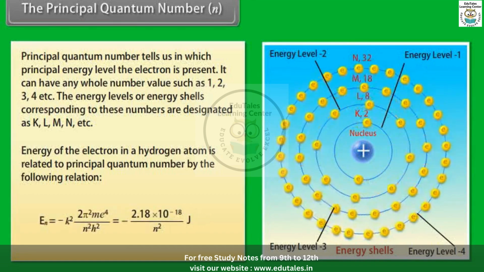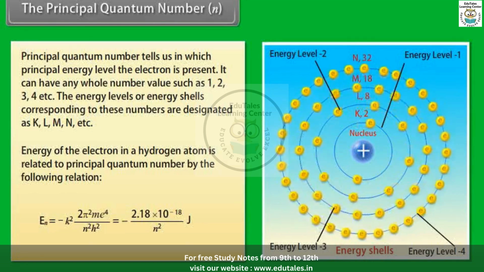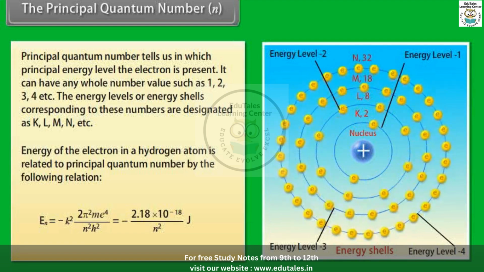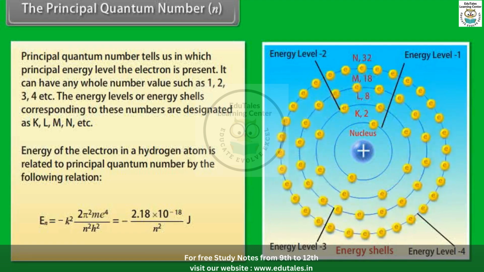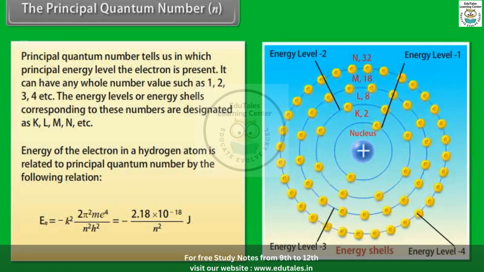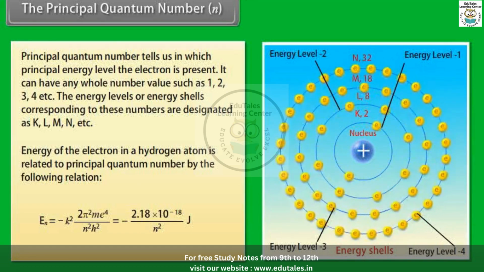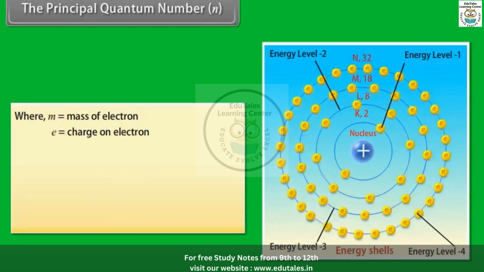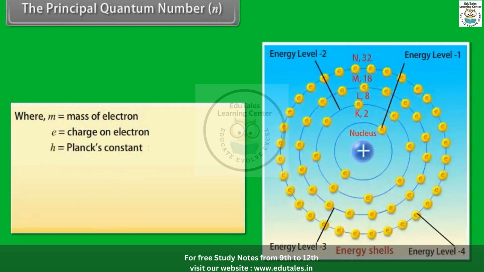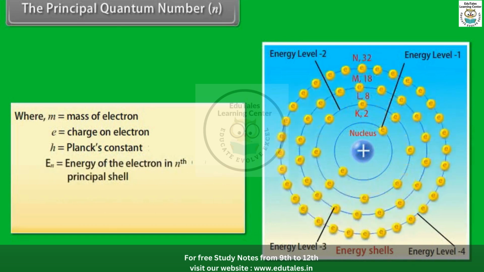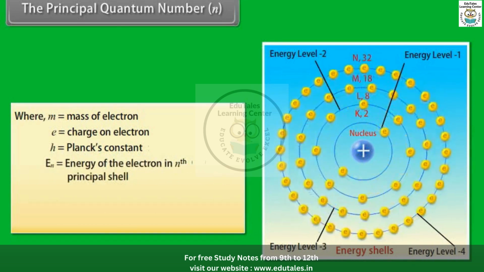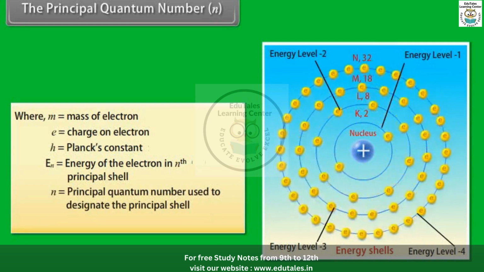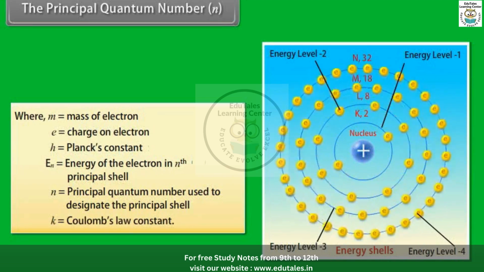En = -k² × 2π² × m × e⁴ / (n² × h²) = -2.18 × 10⁻¹⁸ / n² joule, where m is the mass of the electron, e is the charge on the electron, h is Planck's constant, En is the energy of the electron in the nth principal shell, n is the principal quantum number used to designate the principal shell, and k is the Coulomb's law constant.